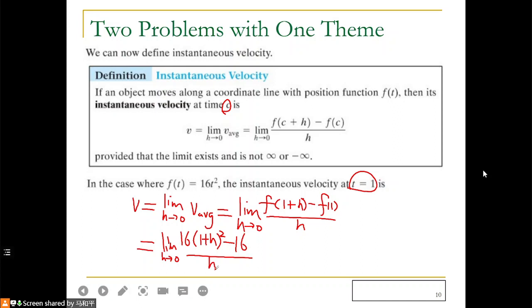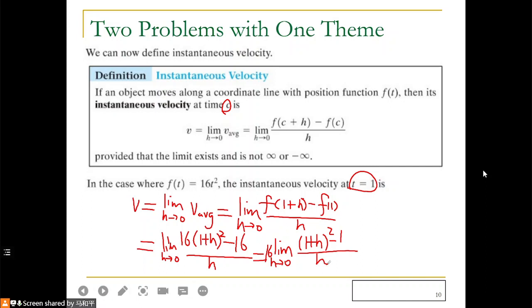And then we simplify it: the limit as h approaches 0. We know 16 is a constant, so we write it in front: 16 times the limit of ((1 plus h) squared minus 1) over h.